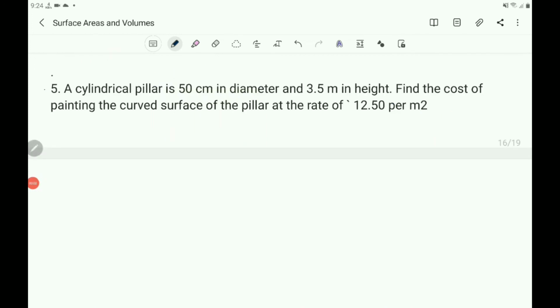Now you take the fifth question. A cylindrical pillar is 50 centimeter in diameter and 3.5 meter in height. Find the cost of painting the curved surface area of the pillar at the rate of rupees 12.50 per m square. Here what is given?